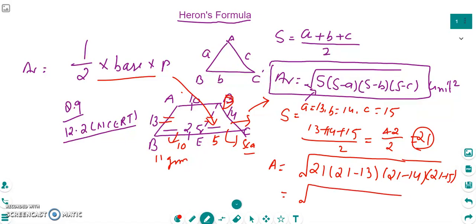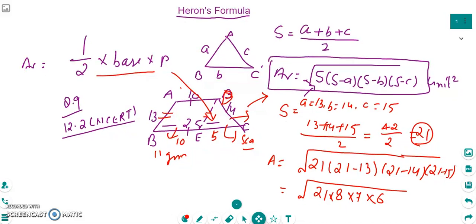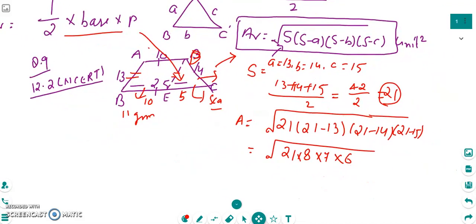So solve it further. That becomes 21 times, 21 taken away 13 becomes 8, times 7, and here it becomes 6. Now we have to find the prime factors of all these.